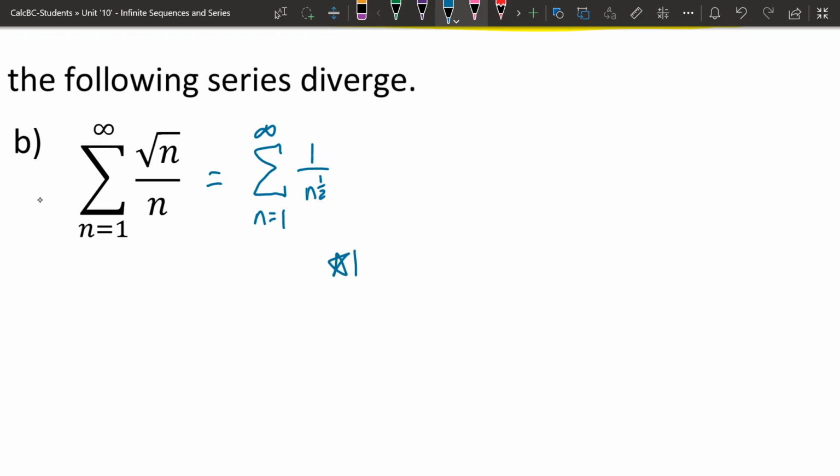All right, we recognize this as a P-series. Pick out that p-value. And 1/2 is less than or equal to 1. So that means that we are going to diverge.